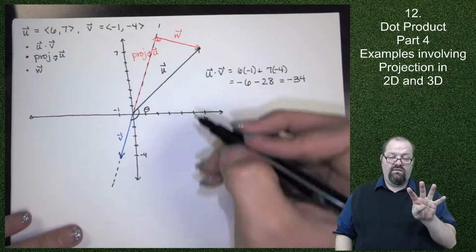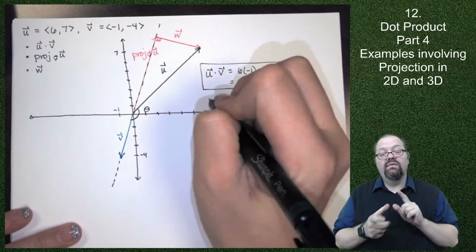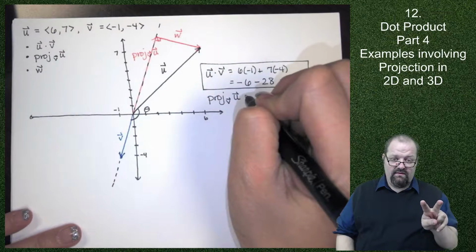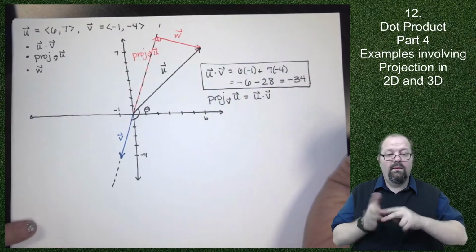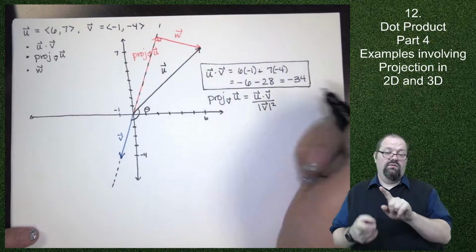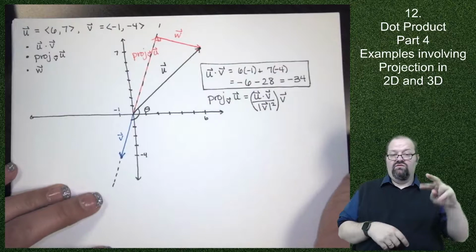And then if I want, that's my first part. Now if I want to find the projection of u onto v, according to my formula, I can take the dot product of u and v, which I just found, divide that by the length of v squared, that's just a number, and multiply the whole thing by v.